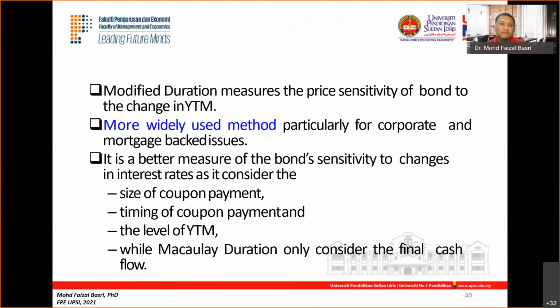This modified duration is more widely used, especially for corporate bonds or mortgage-backed issues, and it is considered a better measurement of bond sensitivity, especially when we talk about the level of YTM, because Macaulay duration only considers the final cash flows.